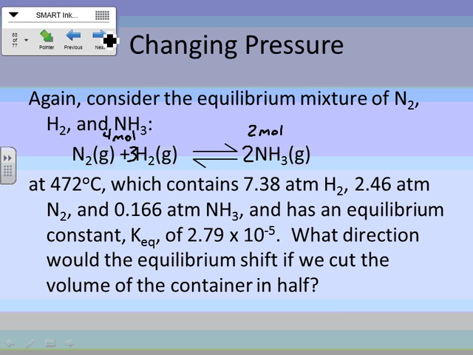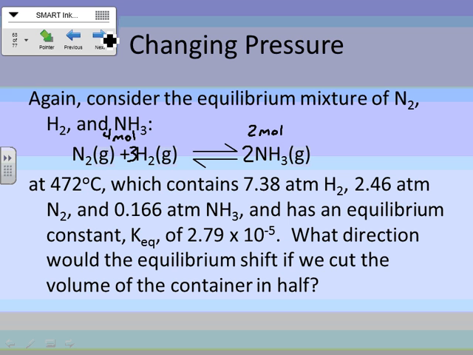Notice, if we have more of the product, that's going to help reduce our pressure a little bit. If you want to think about it in terms of actual molecules, we've got 4 gas molecules on this side and only 2 gas molecules on this side. 4 gas molecules hitting the sides of your container is more pressure than just two gas molecules hitting the sides of your container.